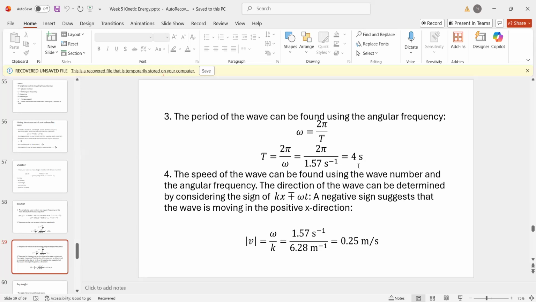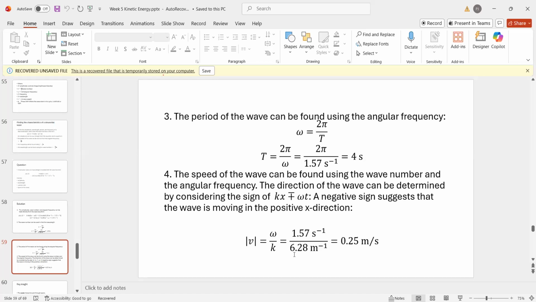If you know your period, you can find your frequency, which is 1 over the period. For the speed of the wave, we know it is omega over k.